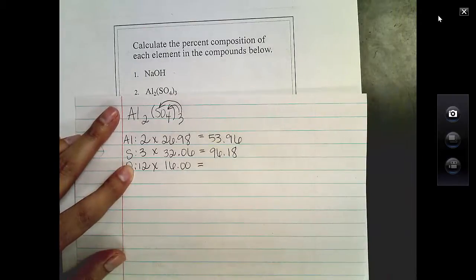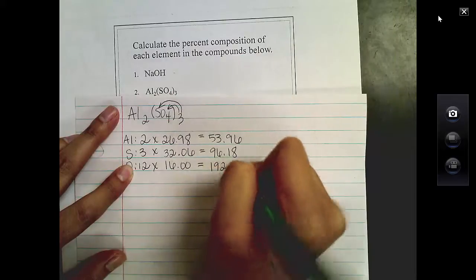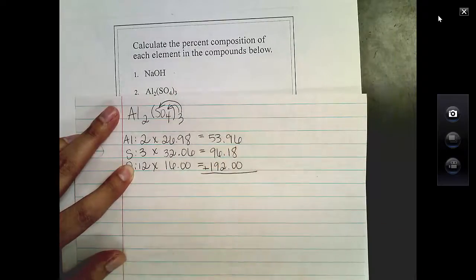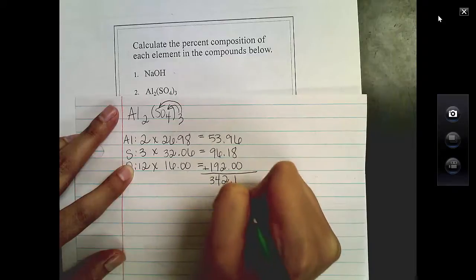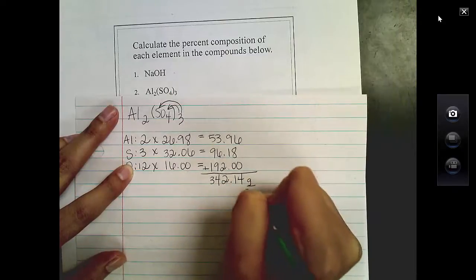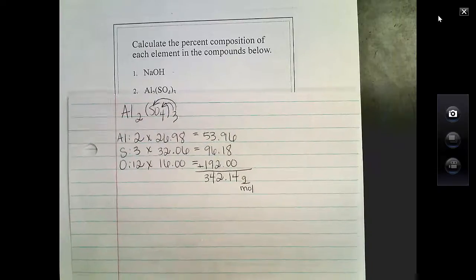And 12 times 16, 192. So I add all of these together. Get 342.14 grams per mole. So that's my molar mass, the total mass of the compound.